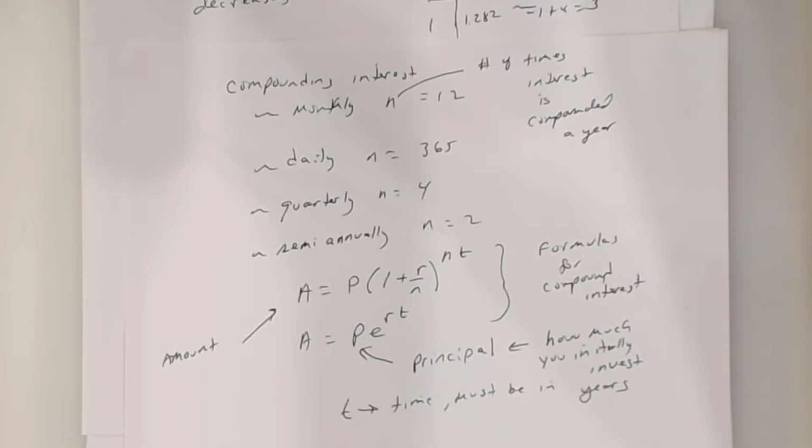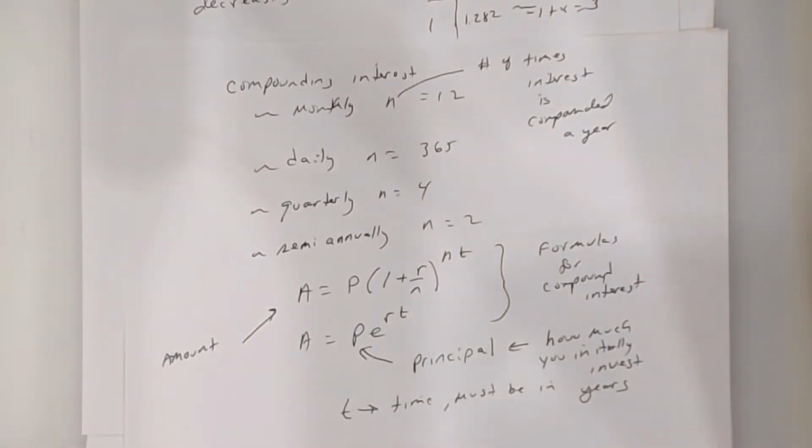But if you're told that time is 6 months, then what's T? 1/2. 6 divided by 12. Remember, I told you time has to be in what unit? Years. So if I'm only in there for 6 months, then I'm in there for half a year, right? So T would be 1/2.